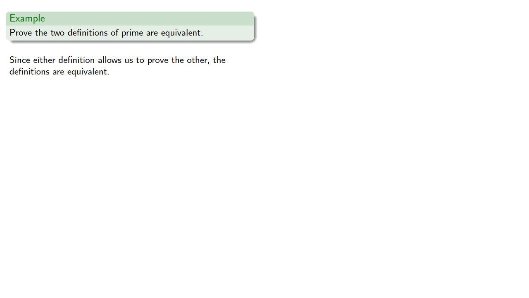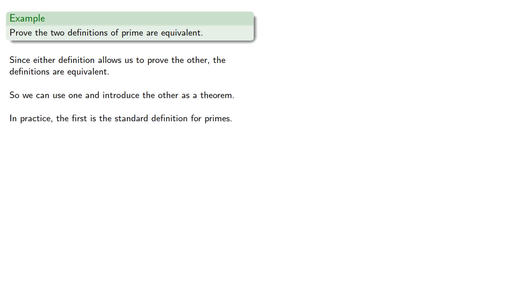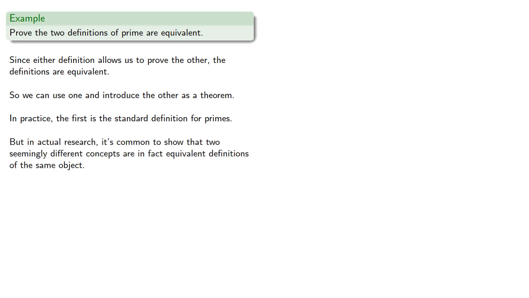Since either definition allows us to prove the other as a theorem, the definitions are equivalent. So we can use one and introduce the other as a theorem. In practice, the first definition is the standard definition for primes. But in actual research, it's common to show that two seemingly different concepts are in fact equivalent definitions of the same object.